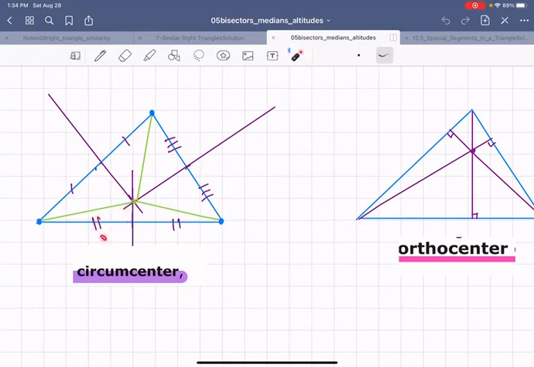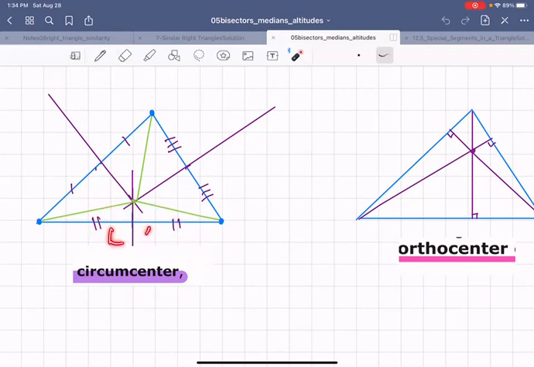And then you do CPCTC. Corresponding parts of congruent triangles are congruent. So these two pieces are equal. Or you can use those HA, LA, HL, and LL. For these two right triangles, you have leg equal, another leg equal.